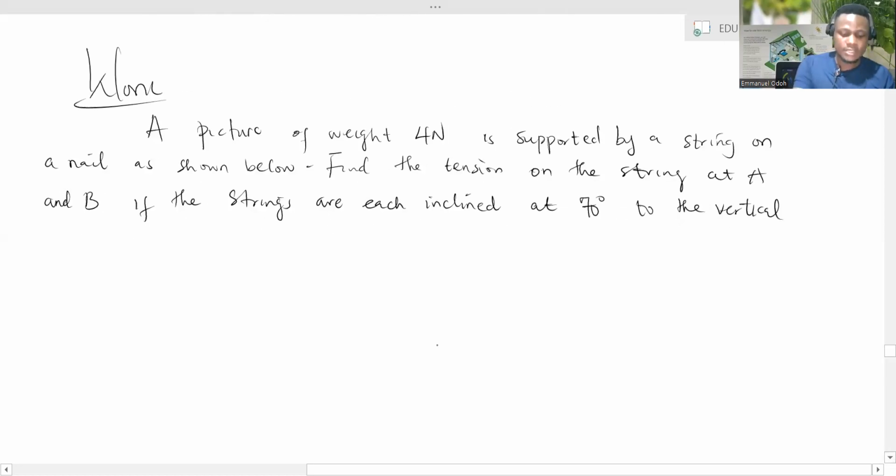So this is the diagram. We have a box like this.